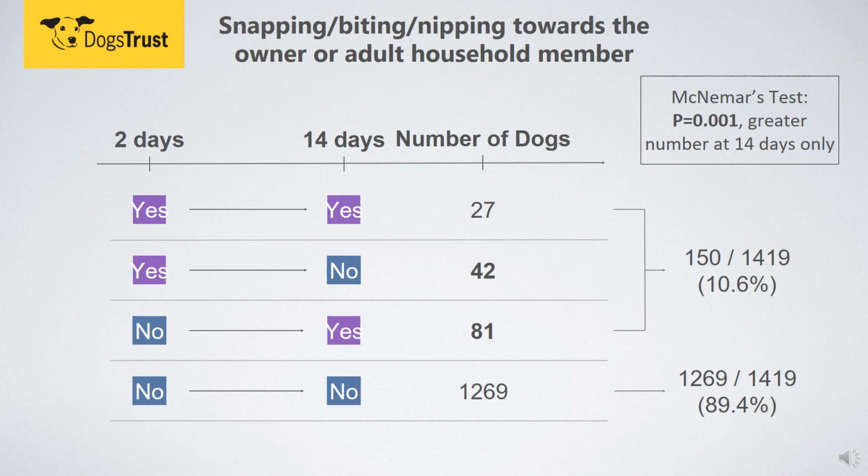This is important because the data is showing that while the behaviour is being shown at both 2 days and 14 days for some dogs, and it's also reported just at 2 days for some dogs and just at 14 days for some other dogs, there are more dogs that are showing this behaviour just at 14 days compared to just at 2 days. This means that there could be a delayed onset for this behaviour, and that while it may not happen a couple of days into adoption, it could happen later on, say at 2 weeks into adoption.